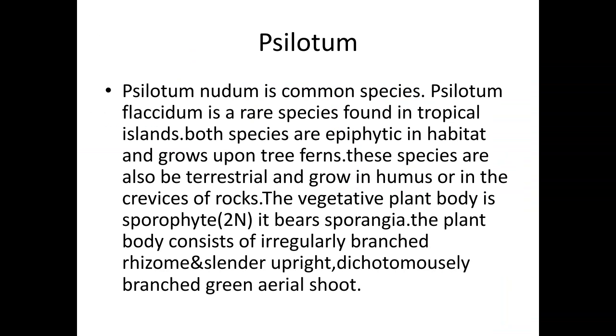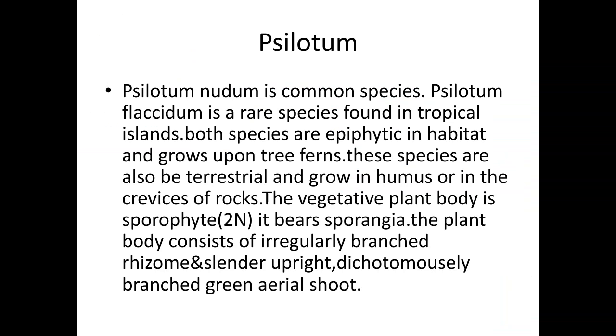The plant body consists of an irregularly branched rhizome. Sporangia are generally single structures, but here three sporangia are grouped together, and this structure is known as a synangium in the case of Psilotum.